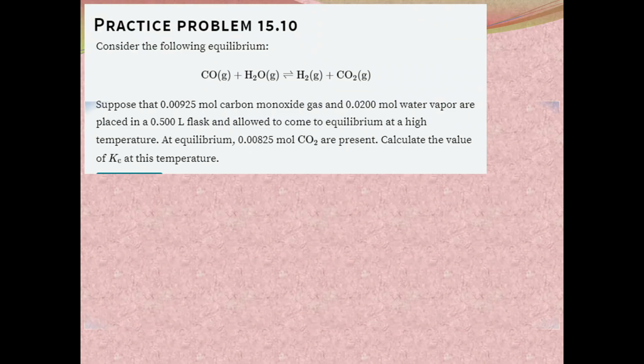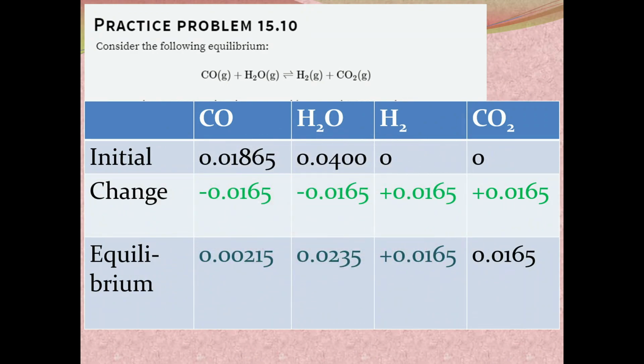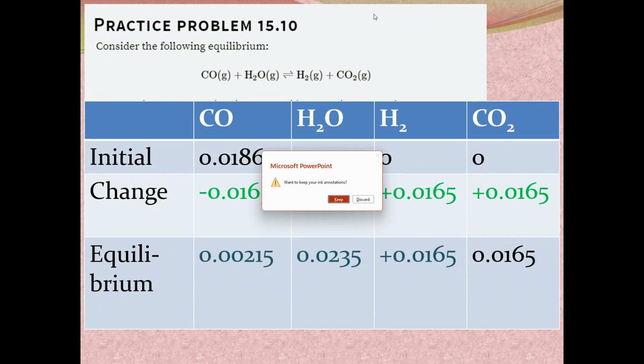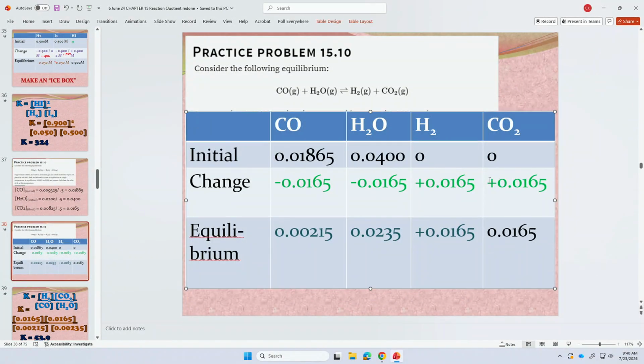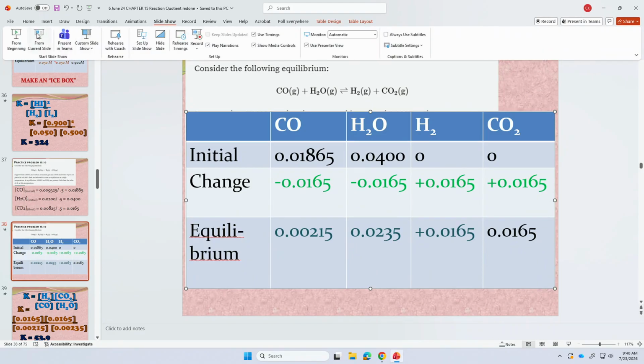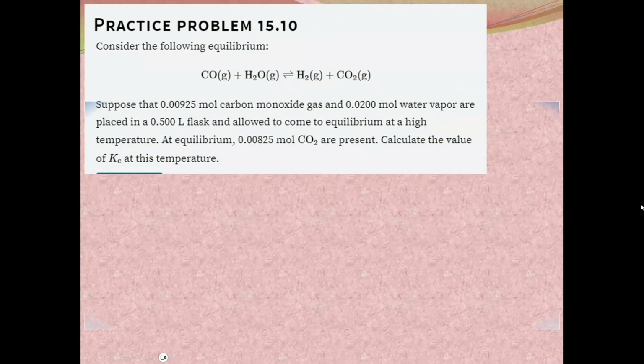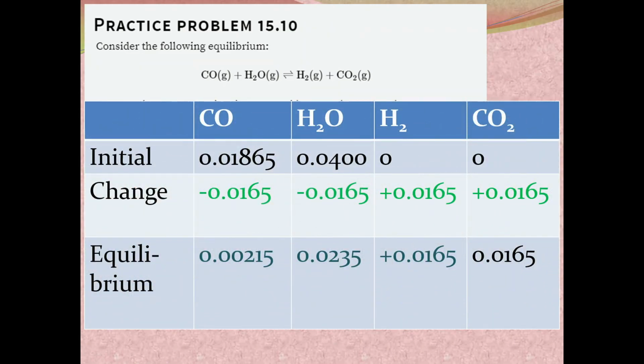So again, I'm going to put them into the icebox. Okay, I can't do animations on this one because I just typed everything into the table. So I started with 0 amount of CO2, and at the end I had 0.0165. So my change for that is 0.0165. But this is all 1-to-1 again.